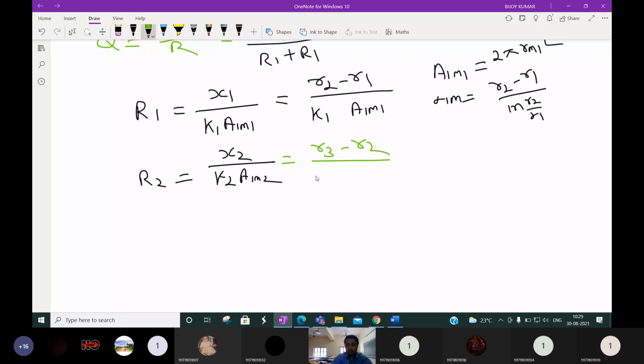The K value will be K2. And ALM is 2 pi RLM into L, and this RLM2 will be nothing but R3 minus R2 by ln of R3 by R2.